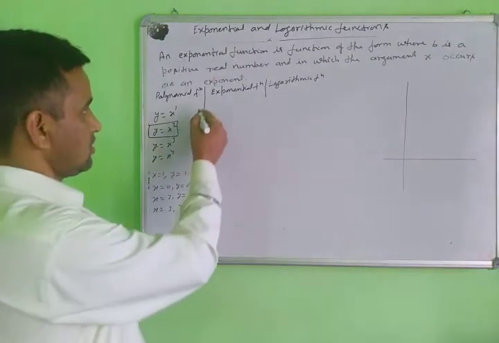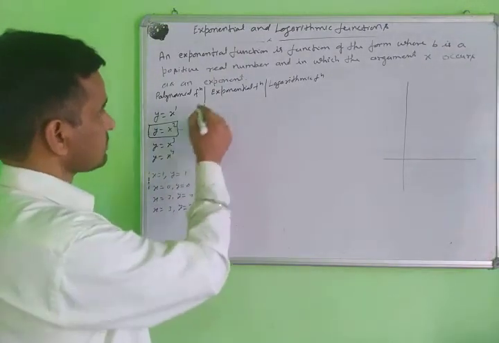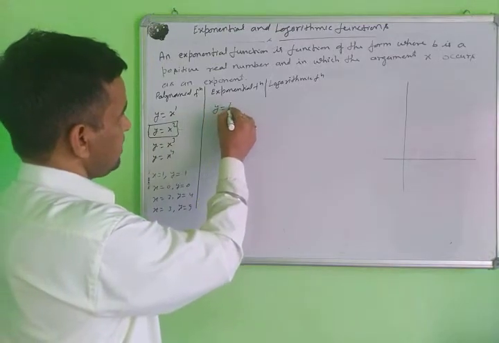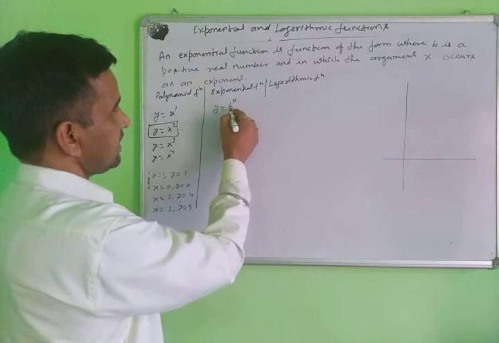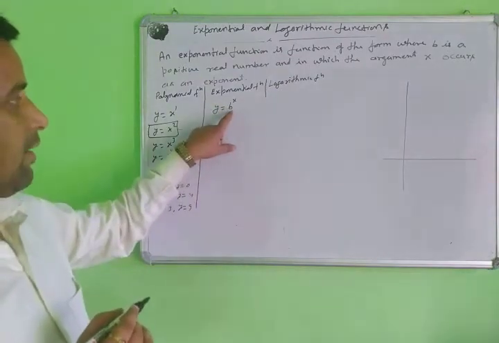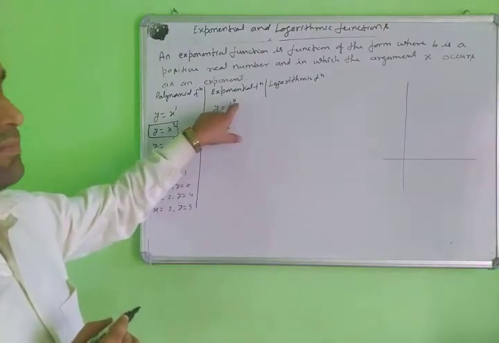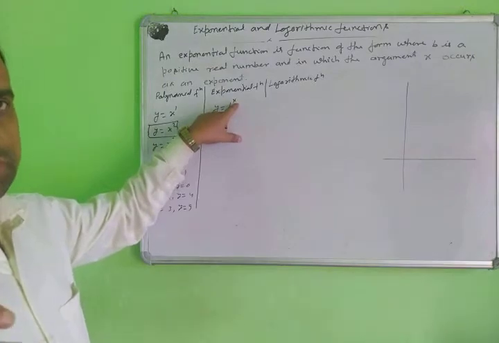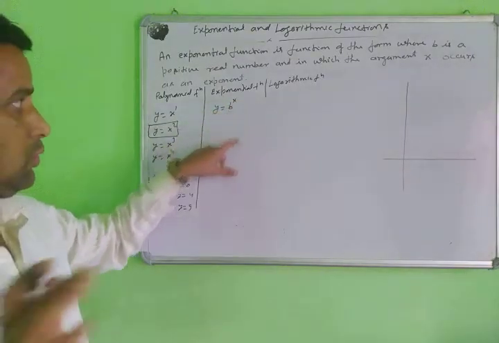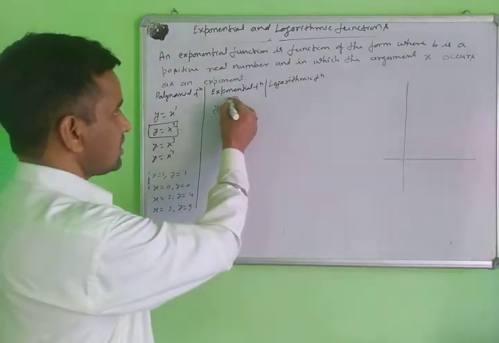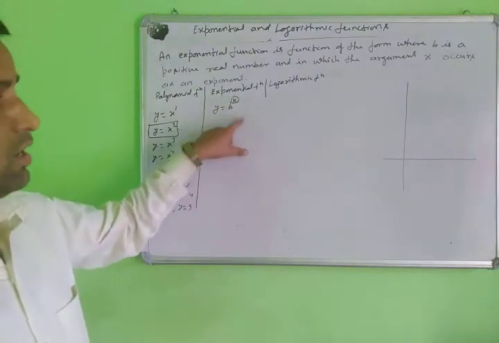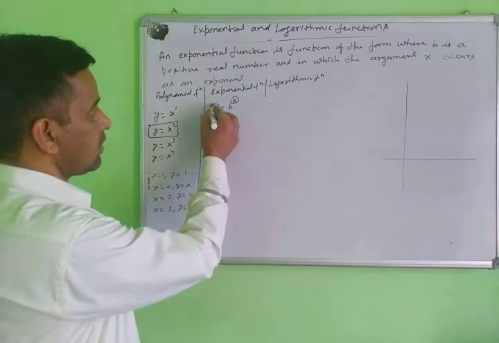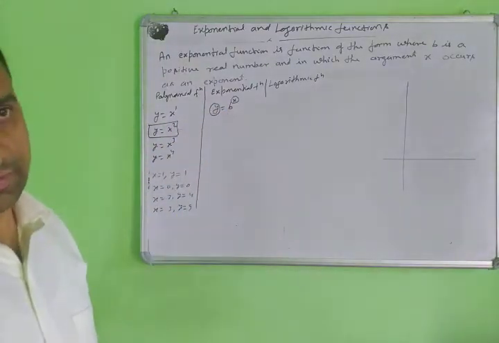Now let us discuss the exponential function. y equals b exponent x. According to the definition, b will be a positive real number, and x will be all real numbers, positive, negative and 0 also. Here x is called the domain of the function, and y is called the range of the function.